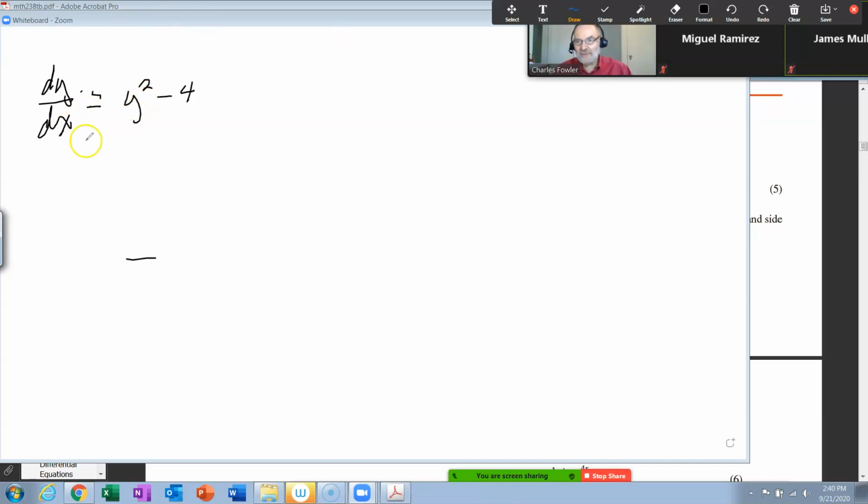Okay, so we can write that in differential form. That would be dy is equal to y squared minus 4 dx. Then divide both sides by y squared minus 4.